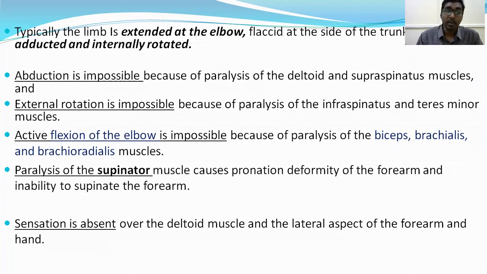The upper lateral cutaneous zone, the regimental badge area, is supplied by a nerve that was also involved, and the lateral part of the skin over the deltoid is also affected. The musculocutaneous nerve continues as the lateral cutaneous nerve of the forearm, so sensations are disturbed in Erb's palsy.